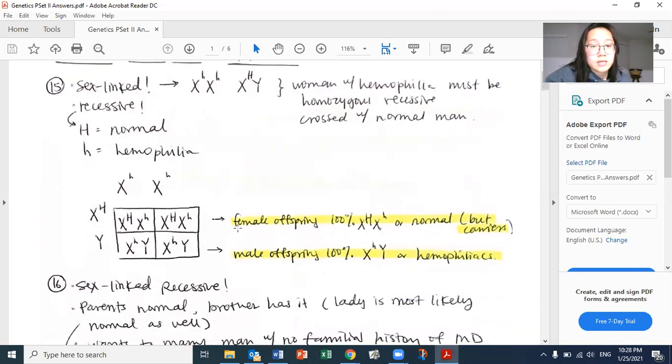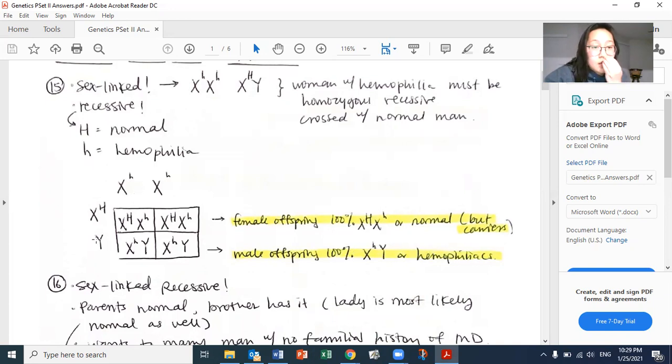After you draw it out, you'll see that if they have a female child, there is a 100% chance that the female child will have a normal blood type, but she will be a carrier for hemophilia, because she will have that little lowercase h, but it doesn't affect her because she also has that capital H. When they have male children or boys, there's a 100% chance that the boy will be a hemophiliac or have a blood disorder.